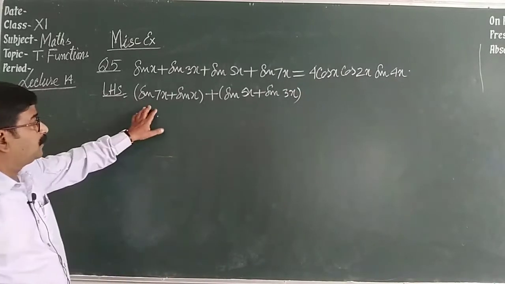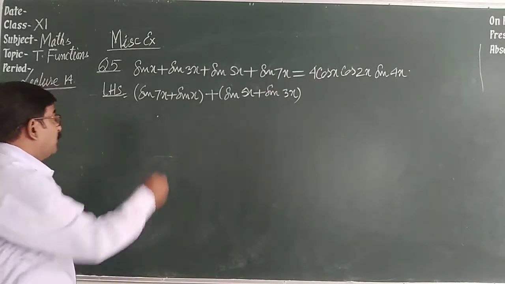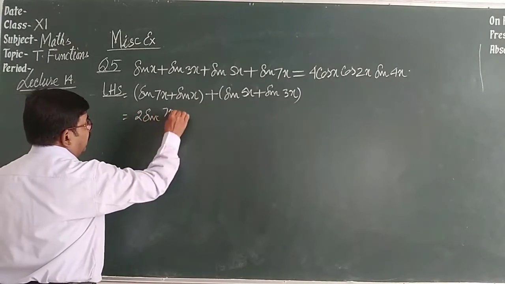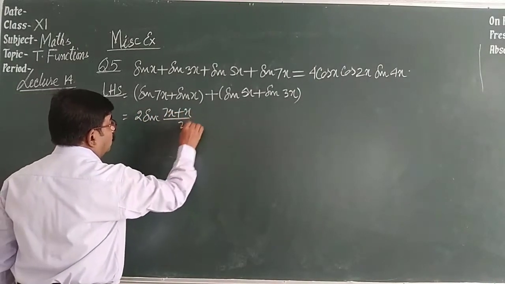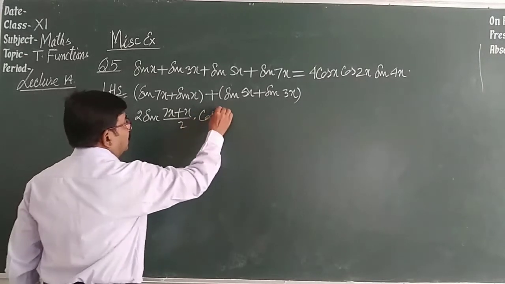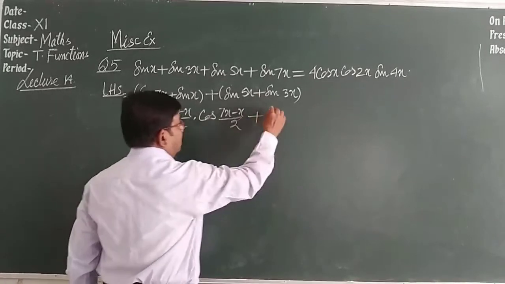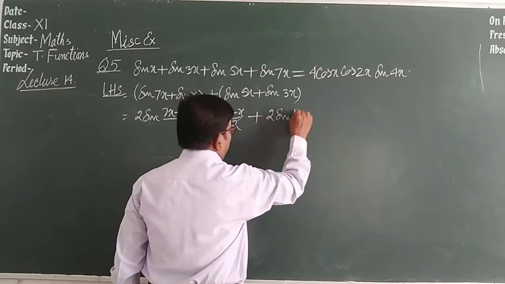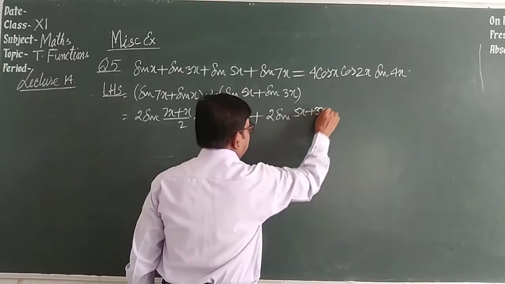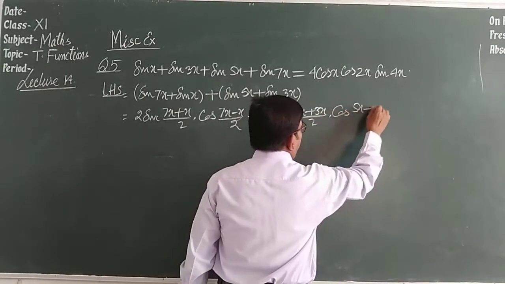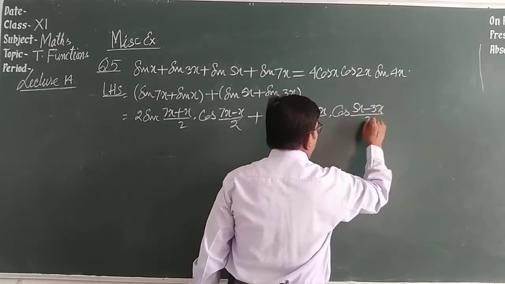Now apply the formula of sin a plus sin b. So we can write 2 sin (7x plus x)/2 cos (7x minus x)/2, plus here 2 sin (5x plus 3x)/2 cos (5x minus 3x)/2.